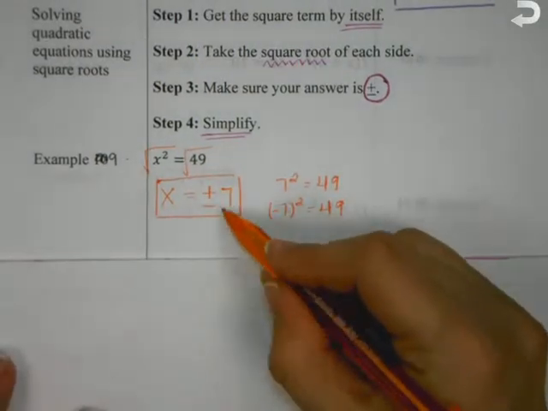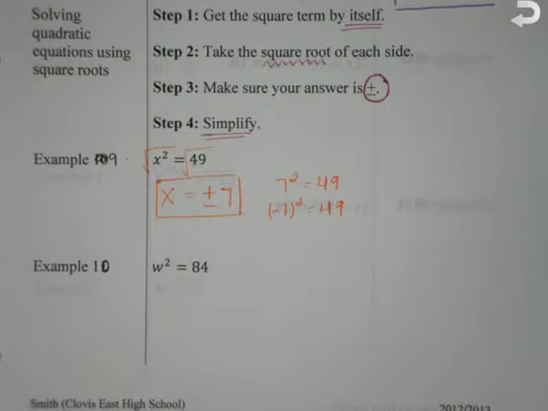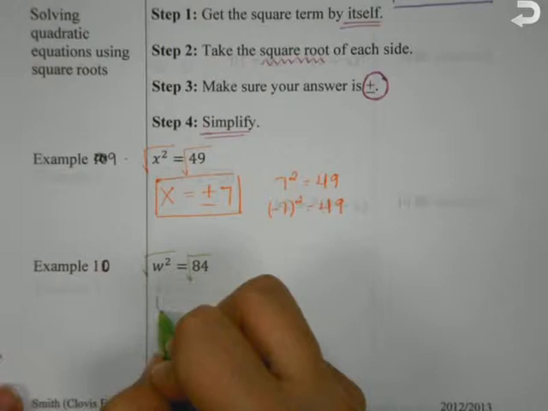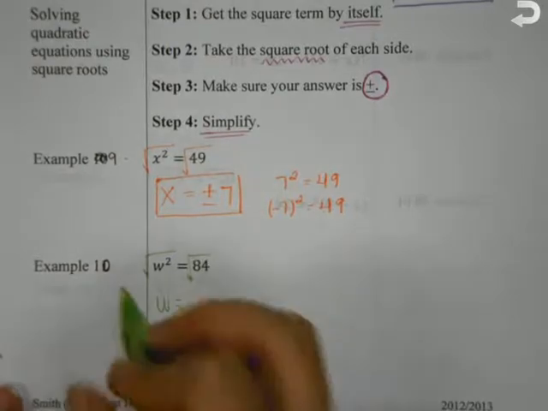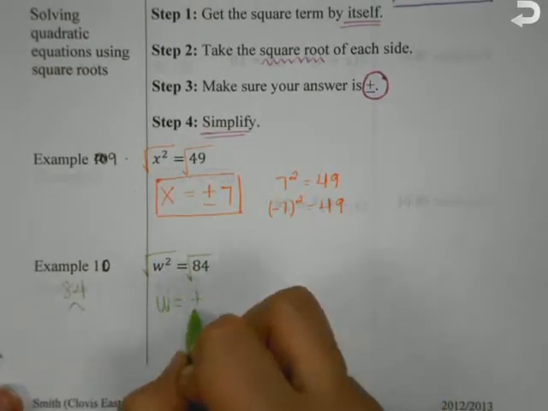Okay? Example 10, really quickly, we're going to go through this one, and then I have 1.5 more to show you. W squared equals 84. W squared is by itself, so we can go straight to taking the square root. So that's going to give me W equals plus or minus. Let's break down 84, because this is obviously not a perfect square. 84 breaks down to 21 and 4.